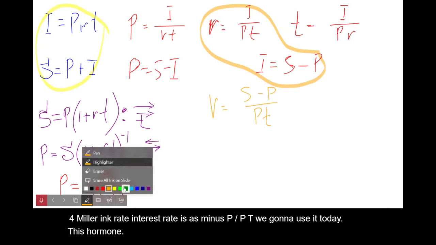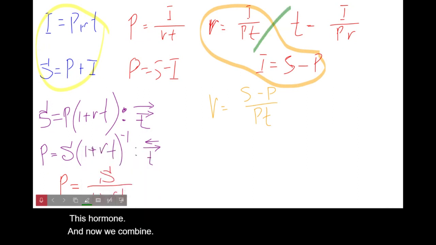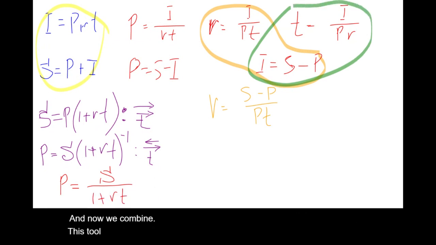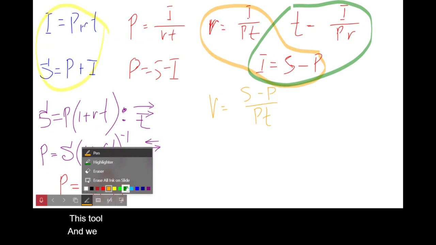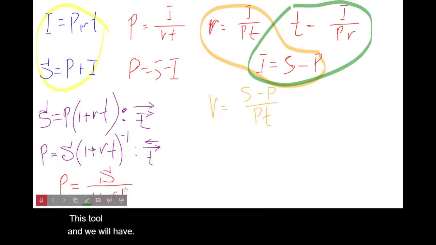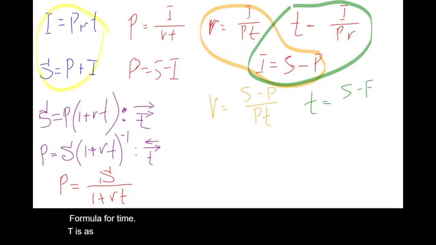And now we combine these two, and we will have the formula for time. T is (S minus P) over PR. Any questions, guys?